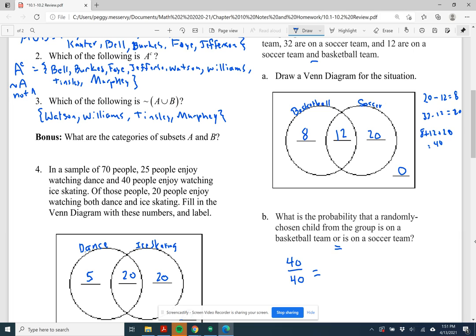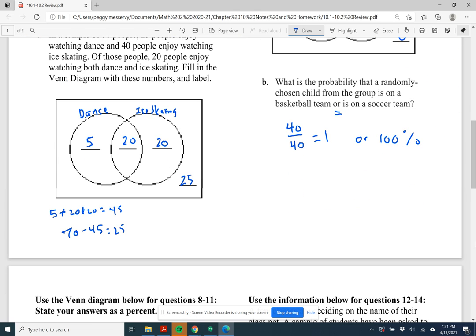That probability is 1. You're guaranteed to have someone that's on a basketball team or a soccer team because all 40 of the kids are on one or the other or both. So the probability is 1 or 100%. There are no children that are not on either one. So our probability is 100%.